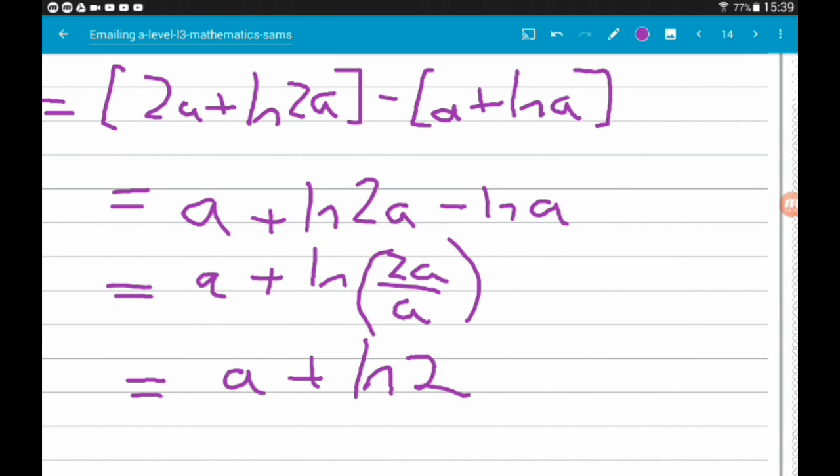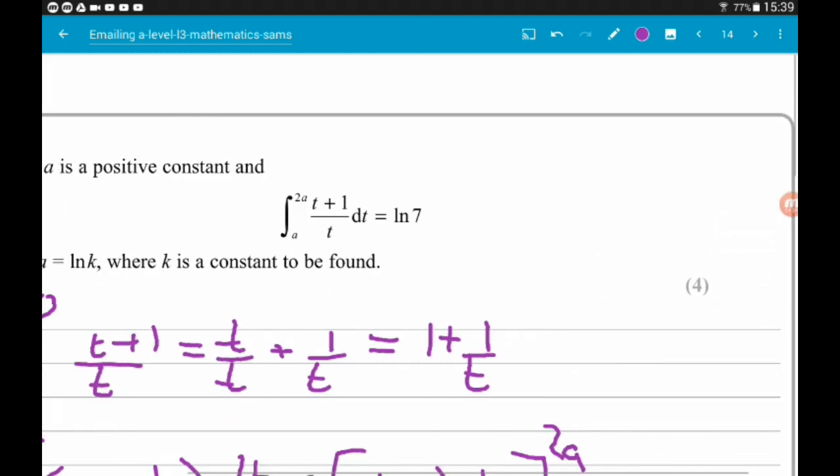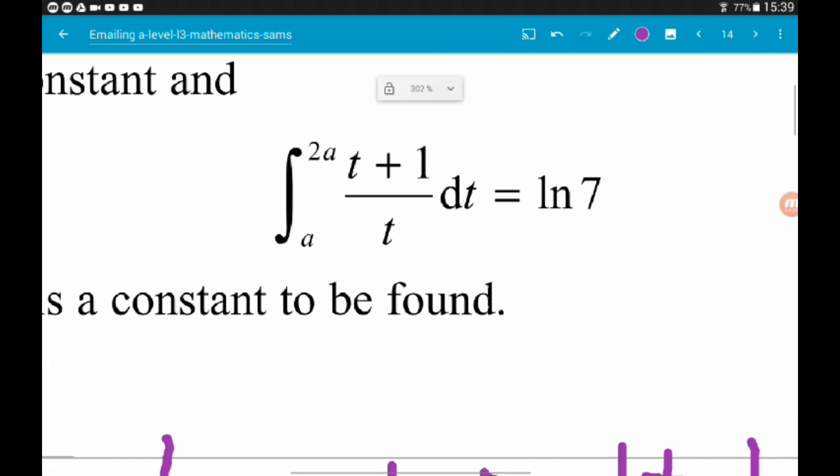So that is our value for the integral. Now remember, up here, we were told the value of the integral was log 7.